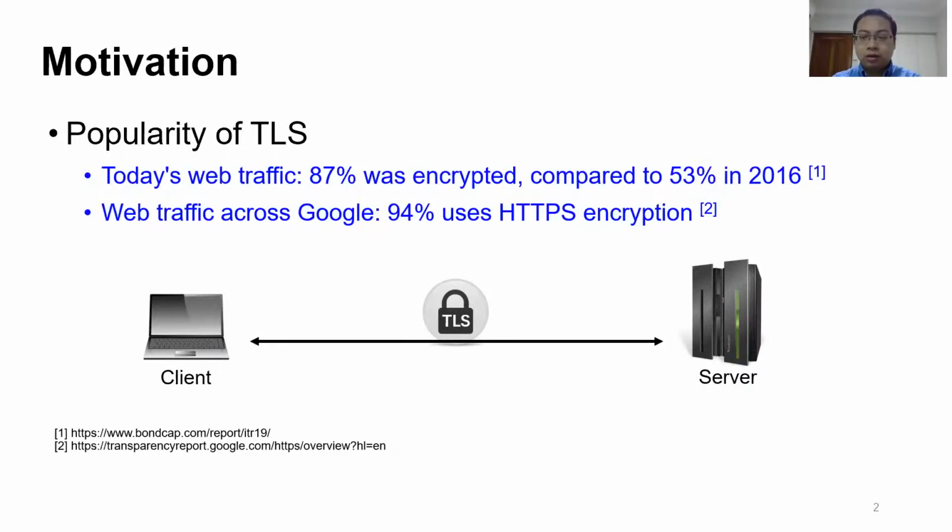According to the recent Internet Trends report, about 87% of today's web traffic was encrypted, compared to 53% in 2016. Similarly, about 94% of web traffic across Google uses HTTPS encryption.